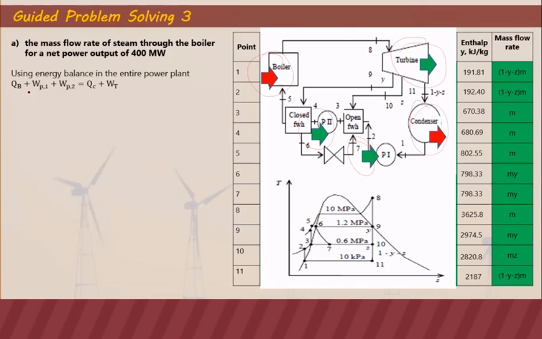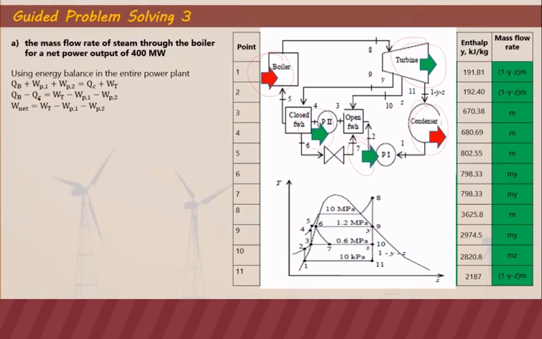So we have Q boiler plus work pump 1 plus work pump 2, these are energy in. Energy out are work of the turbine plus heat rejection at the condenser. Rearranging that, our heat input in the boiler minus heat output in the condenser is just equal to the work of the turbine minus work of the pumps.